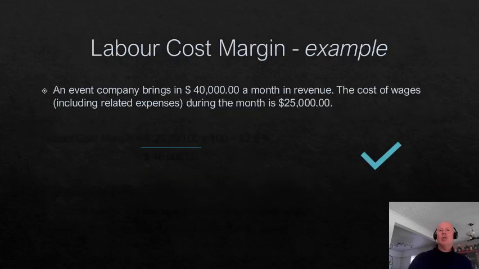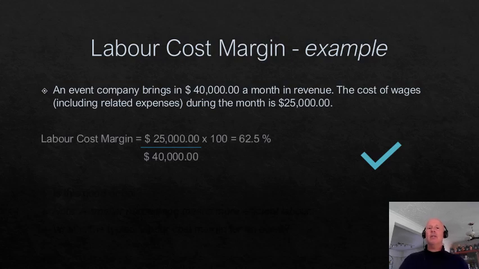Labor cost margin. An example of this, let's take a look and see with $40,000 in a month in revenue, the cost of the wages, including related expenses during the month is $25,000. So that would be the wages that are paid to the employee plus the CPP and plus the EI.